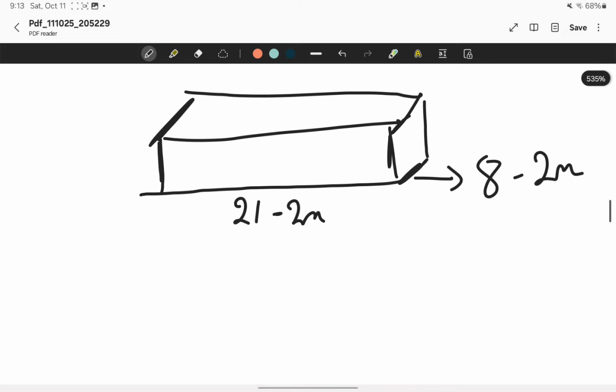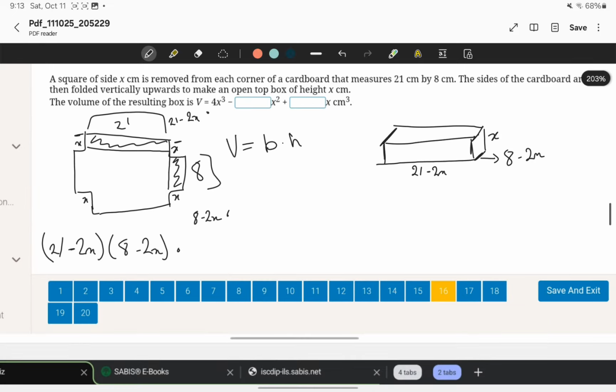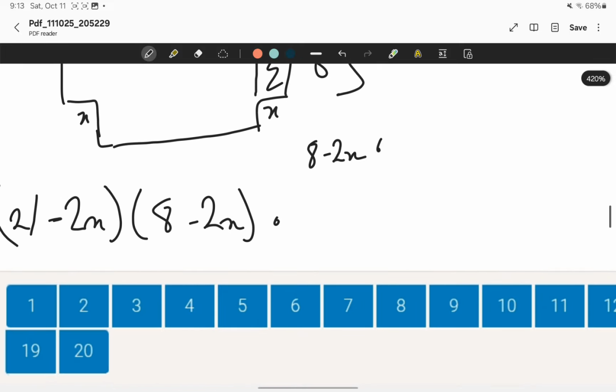So if you think about it, this x is the height, so we multiply the base by the height, which is x.